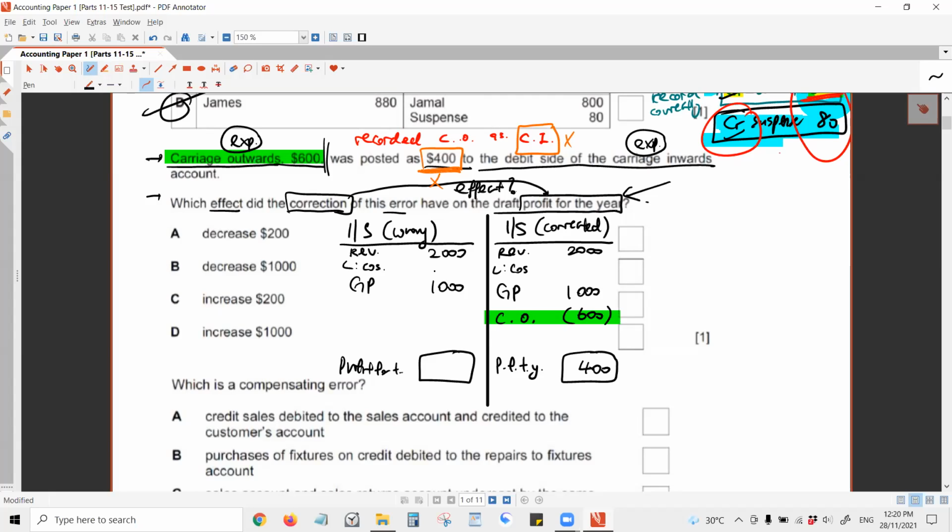Let me try another way. Carriage inward account 400. I erase certain things first, and I want to explain to you more clearly.